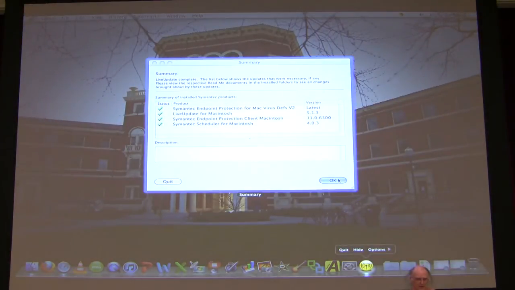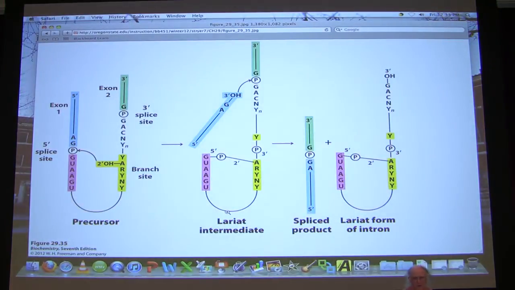There's one other thing that is commonly found within the intron, and it's this little sequence right here. The Y stands for pyrimidine. It's a pyrimidine-rich sequence, and that pyrimidine-rich sequence is usually found about 20 or 30 base pairs away from the 3' end of the intron.